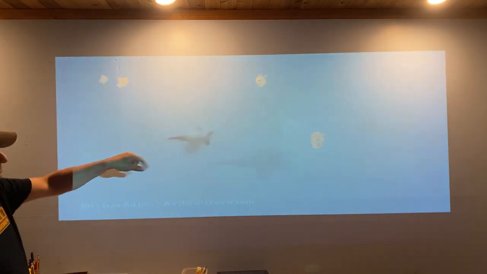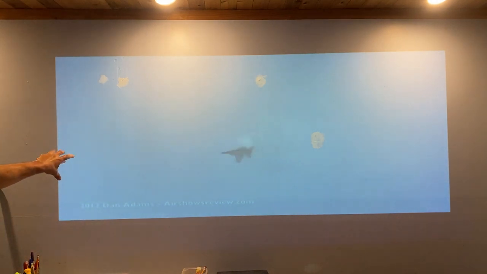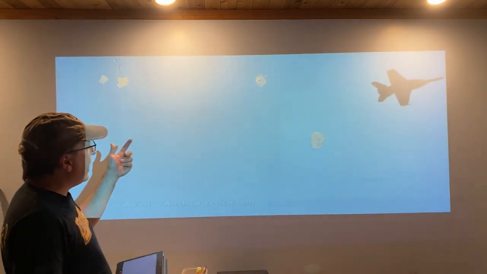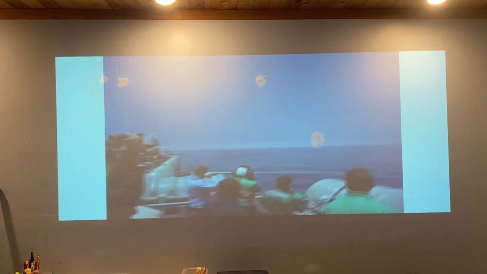Here you can see it forming and disappearing based on the conditions in the atmosphere. Okay, and again, when that cone hits you, it produces your sonic boom.